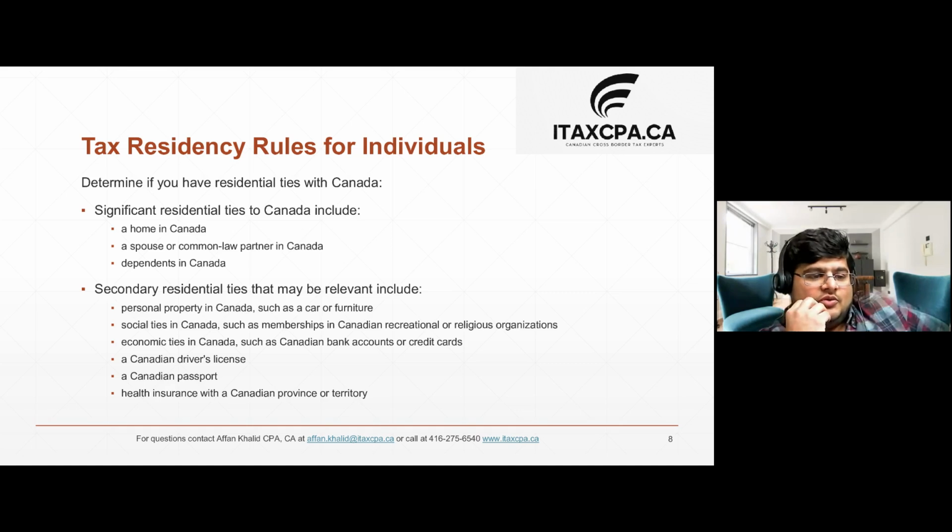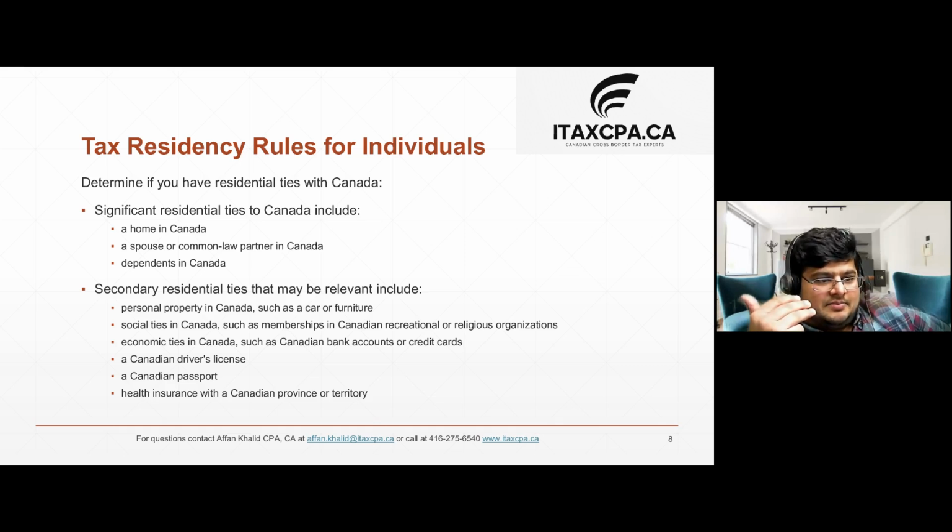A few additional details on residency. For an individual, there are two layers of tests. One is the primary ties, and the second is the secondary ties. Of course, it's a combination of both, but primary ties matter most. The primary ties are the significant residential ties to Canada: having a home available to you at your disposal, a common law spouse in Canada, or dependents in Canada.